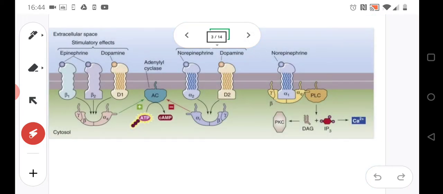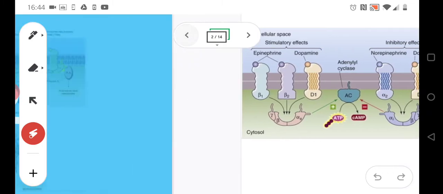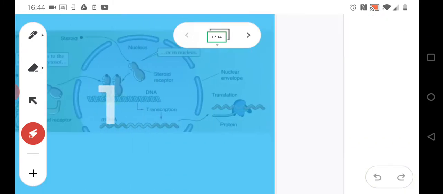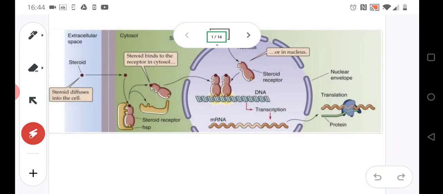Why is it important? Maybe before we get to picture 3, not all of the receptors are on the cellular membrane. Some hormones, like the steroid hormones, are able to get through the cellular membrane and get into the nucleus, controlling a bit the expression of the genes.